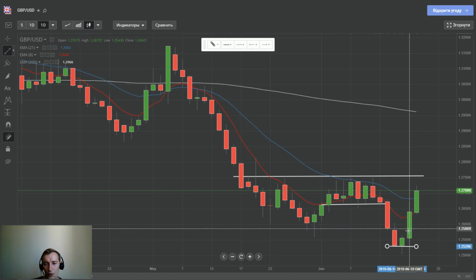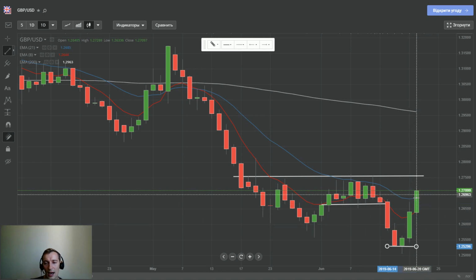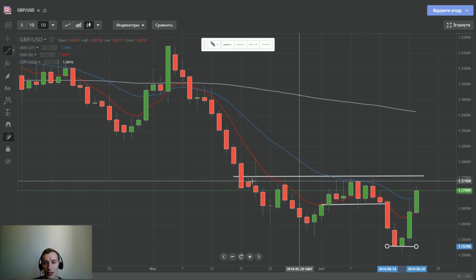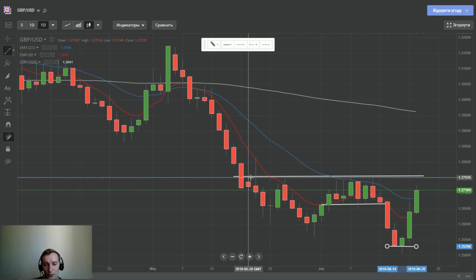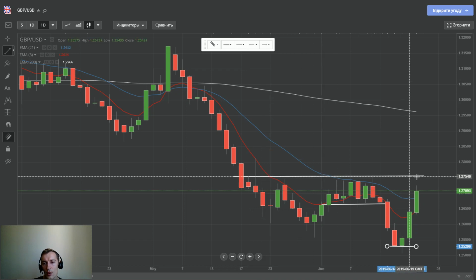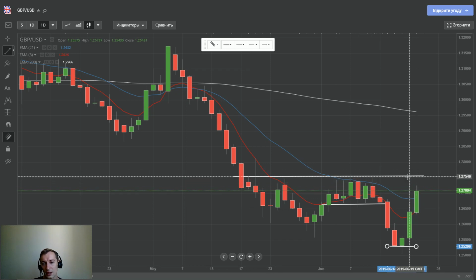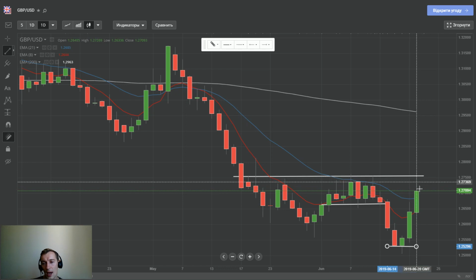Usually when we have these two candles, I don't want to buy, especially when we are in front of this strong resistance level, 1.27500. You can see that since the end of May, price never closed above this level, so we can say that this is our midterm resistance level. And now we have 3 days of upside movement, and it's better to avoid.